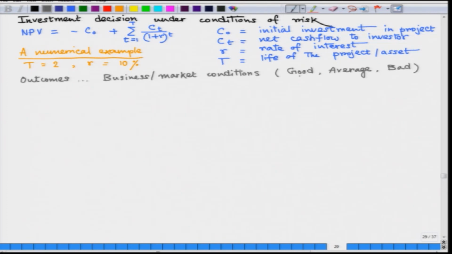So, we can name them state 1, then state 2 and state 3 respectively. Now, payoffs will depend on these business conditions, and they will also vary from one year to the other. So, let us now assume the case of year 1 or t equal to 1.